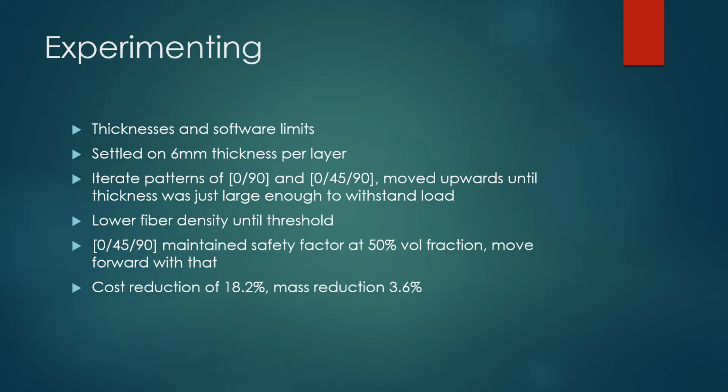We discovered that the 0/45/90 maintained a safety factor at the 50% volume fraction, whereas the 0/90 patterns would only maintain it at 55% volume fraction. This decrease in weight also decreases costs, so we're moving forward with the 0/45/90. As you can see, the cost reduction is 18.2%, and the mass reduction is 3.6%. That's moving from 60% volume fraction to 50% volume fraction in a 0/45/90 pattern.